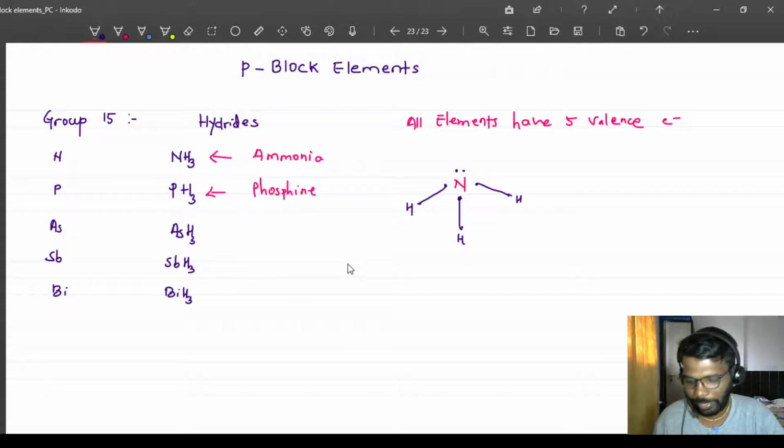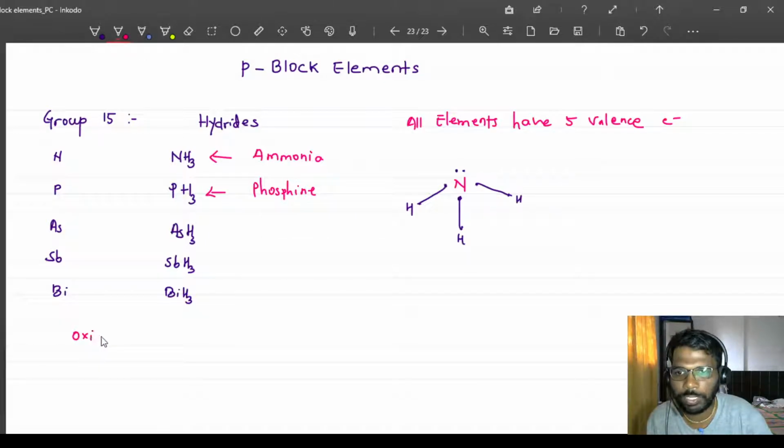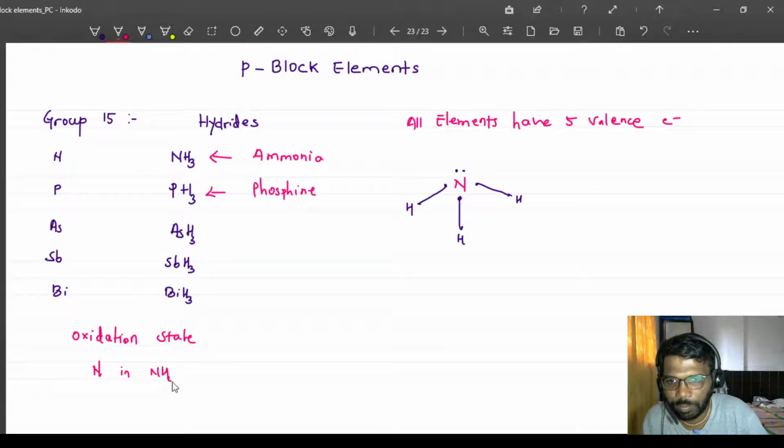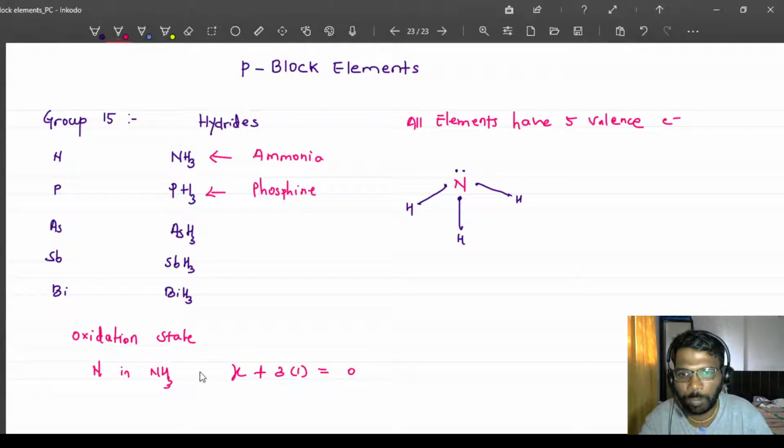After acquiring 3 electrons, they will have a charge of minus 3. If you want to find the oxidation state, for nitrogen in NH3, I'll put X for nitrogen and 3 into 1, since the overall compound is neutral.